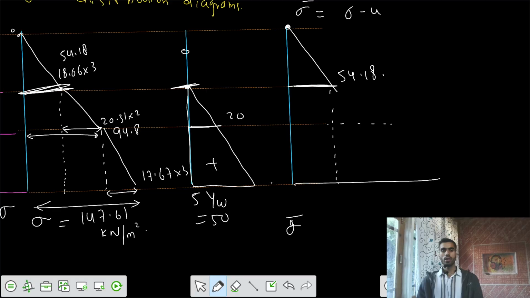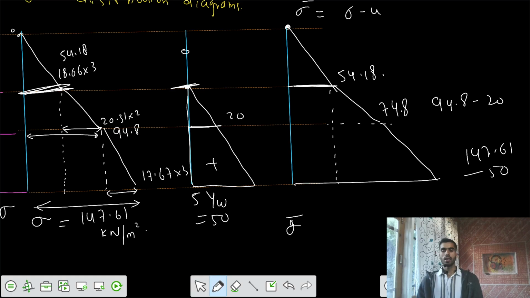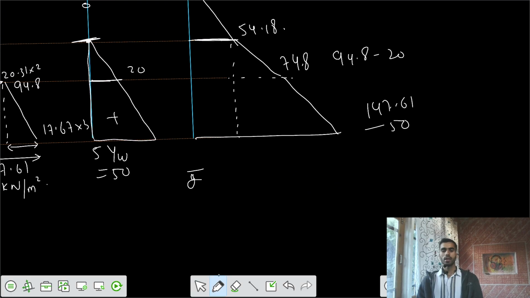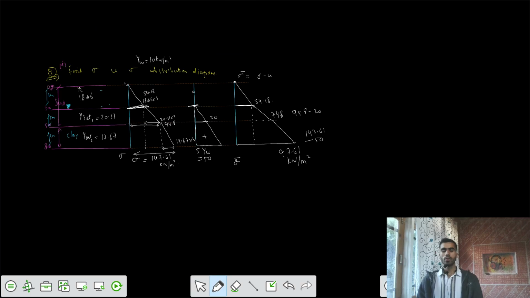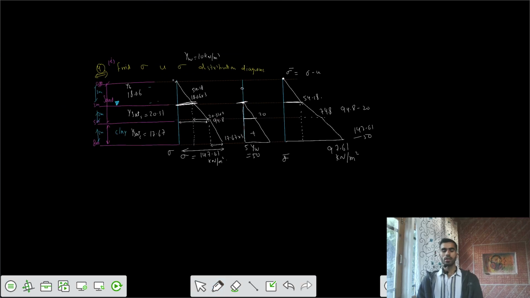And what is the value here? 94.8 minus 20, that is 74.8. And finally, at the bottom, 147.61 minus 50. That's 97.61, the final value of effective stress at the bottom. So these are your final stress distribution diagrams.